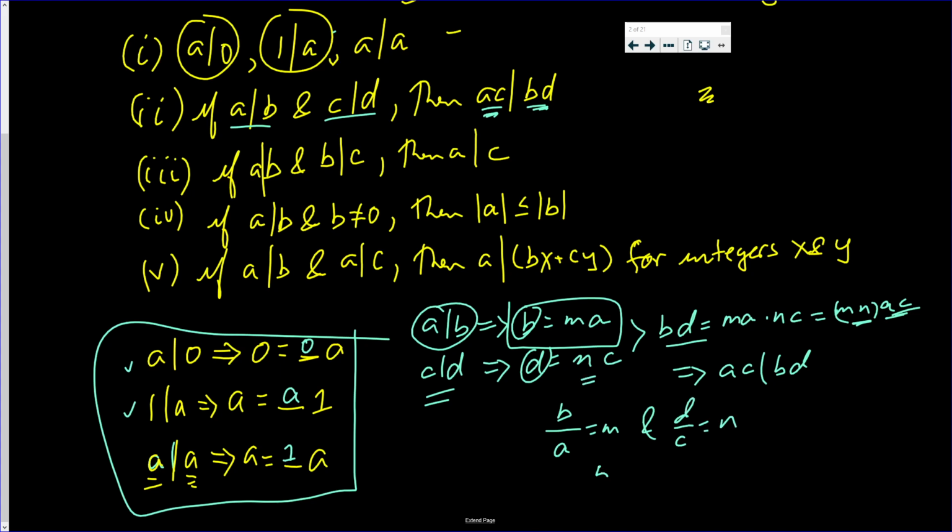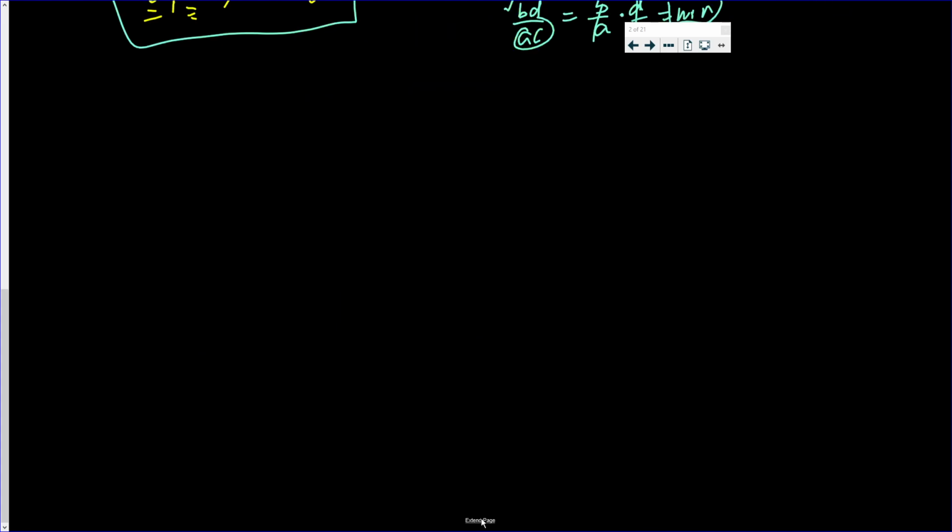So if you have b over a and you multiply it by d over c, on one hand you get bd over ac, and on the other hand you get mn. That is, ac does go into bd. It goes in mn times. It certainly does go in.